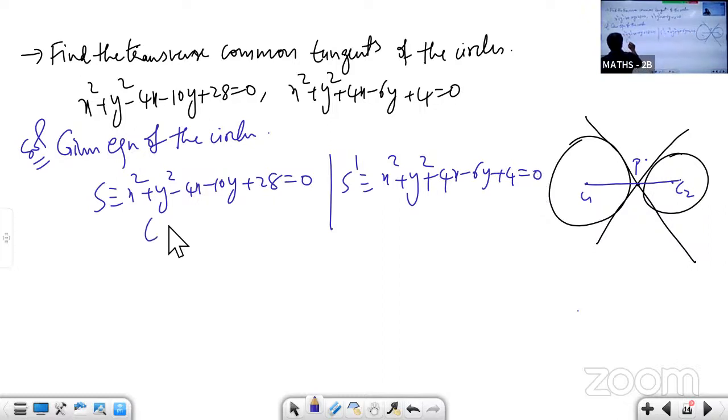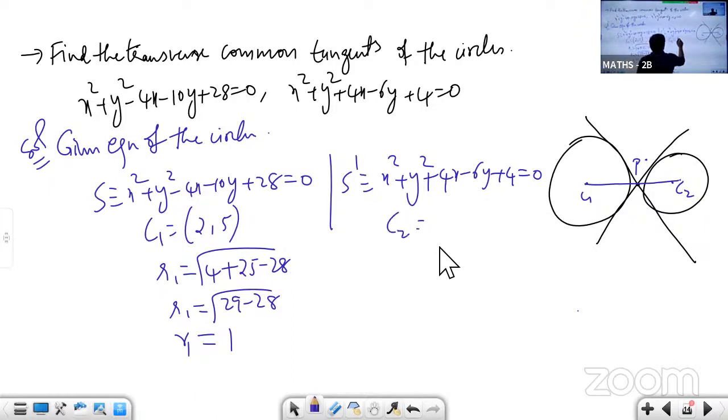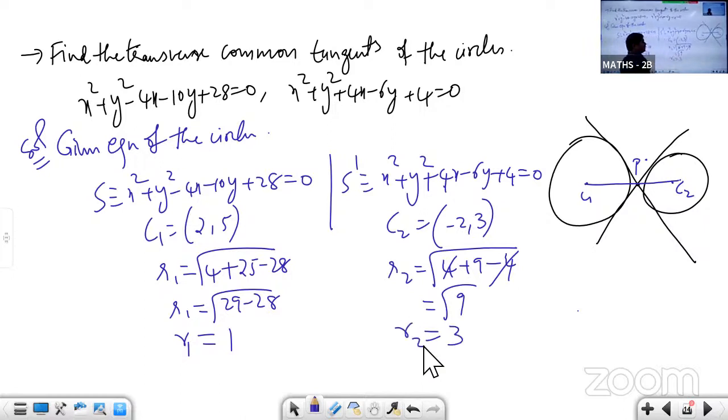From here you calculate C1 as (2, 5), R1 is root of 4 plus 25 minus 28, that is 29 minus 28, that is 1. C2: 2g is 4, compare it with the standard equation, so it is (-2, 3). R2 is root of 4 plus 9 minus 4. Minus 4 plus 4 gets cancelled, so I got R2 also.